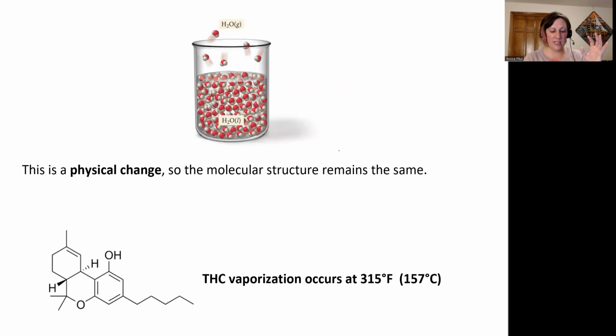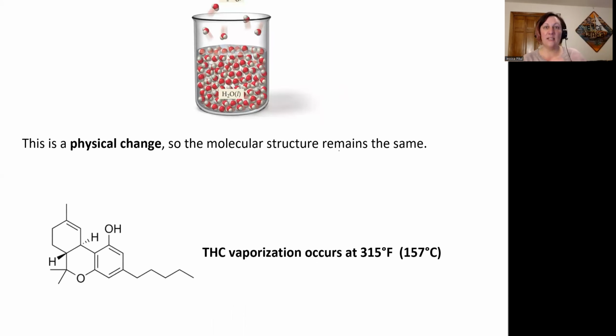Let's look at this for THC. So again, this is the line structure for THC rather than the full Lewis dot structure. But this compound is going to vaporize at 315 degrees Fahrenheit. If you think in Celsius, it's 157 degrees Celsius. So remember, water boils at 100 degrees Celsius, and so this is a higher temperature than that.